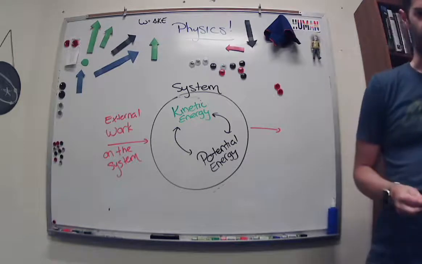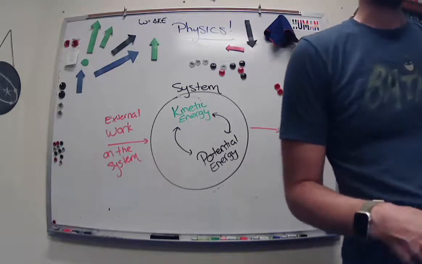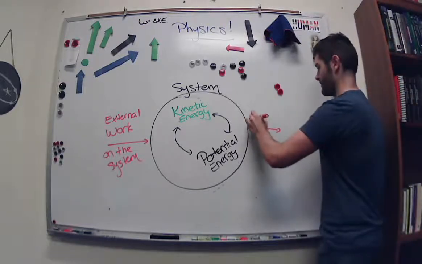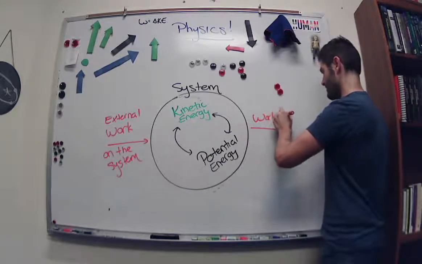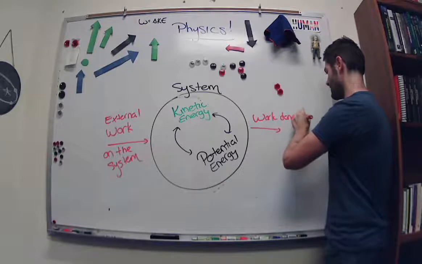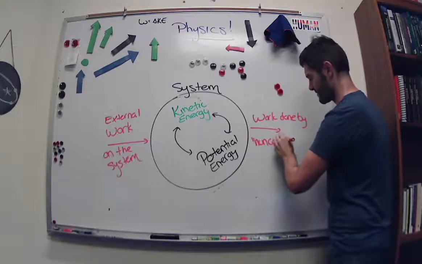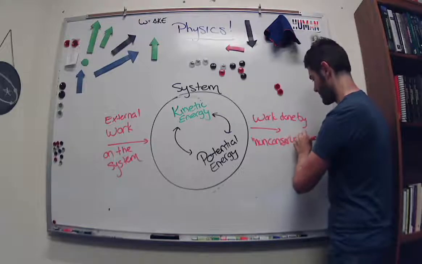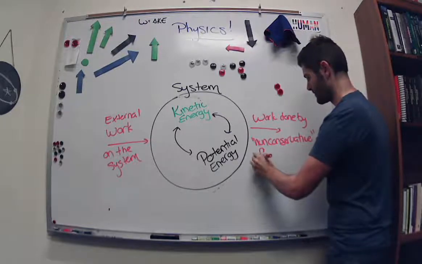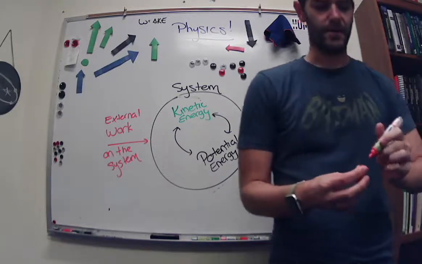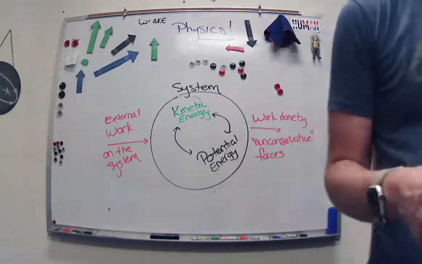And then there is a way for energy to leave the system, energy that becomes lost, that we cannot get back. So we will see this as work done by what we will call non-conservative forces. Forces that are not very good at conserving energy.